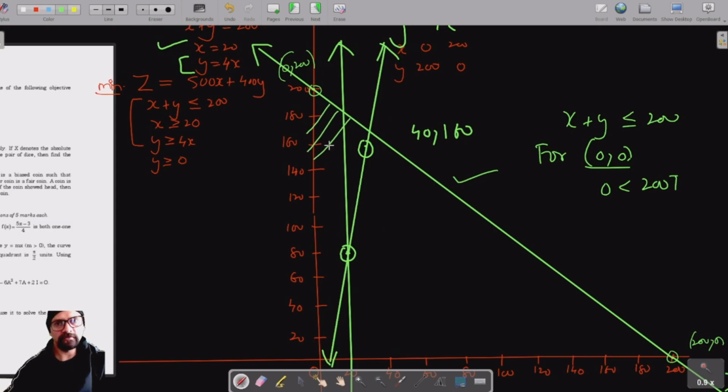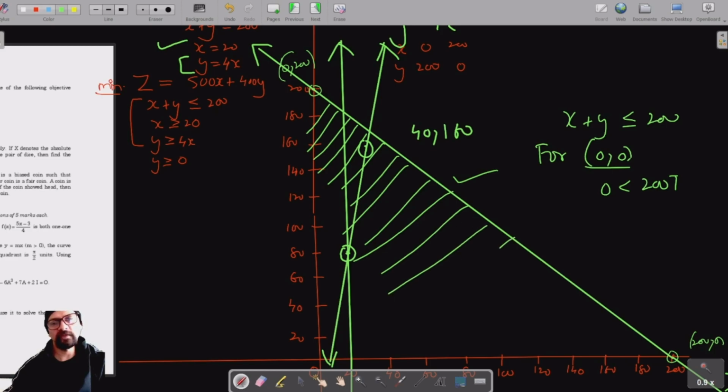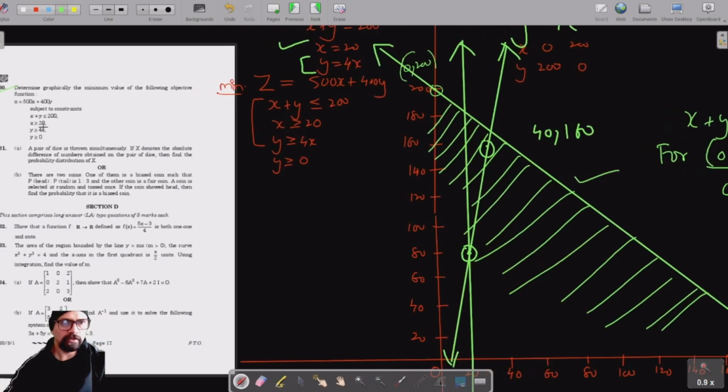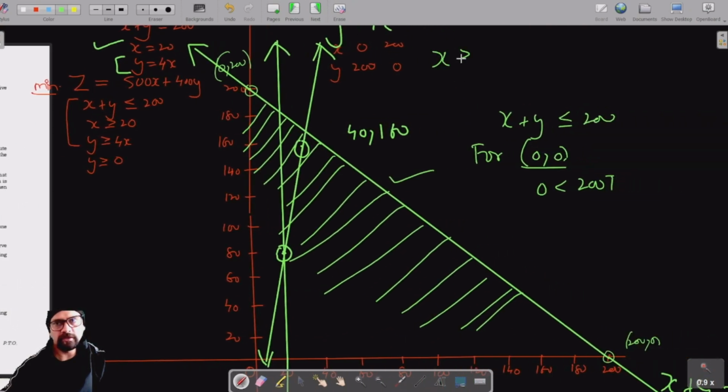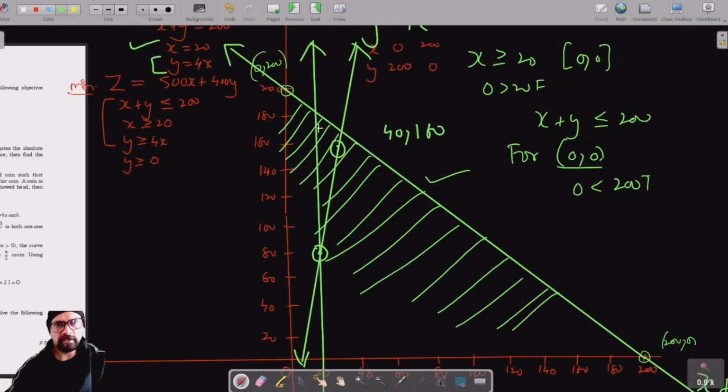So this has the graph towards the origin. Now for x greater than or equal to 20, if we check it for 0, 0, 0 is greater than 20, which is false. So this has the solution region in this plane.